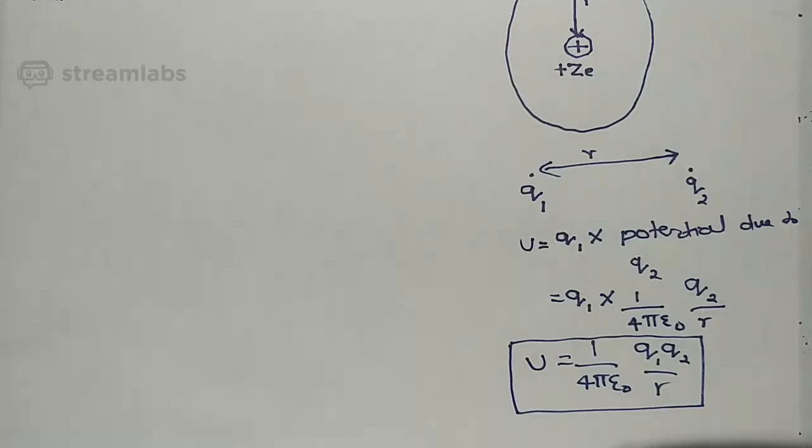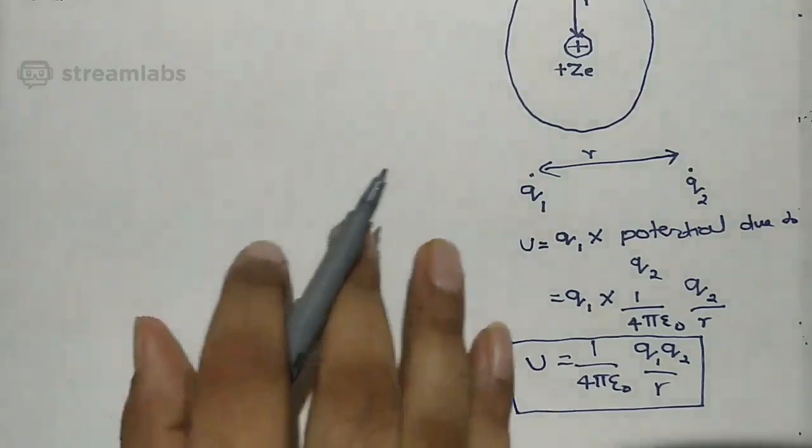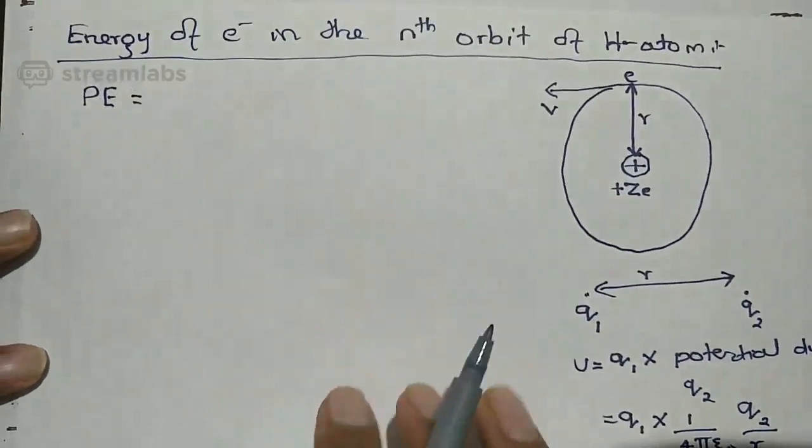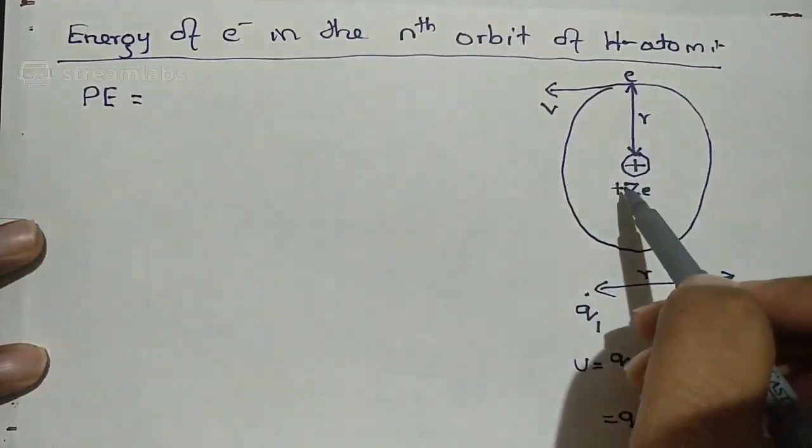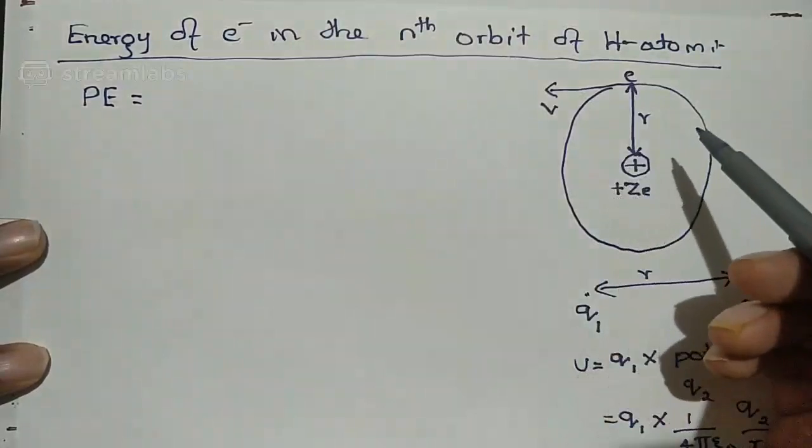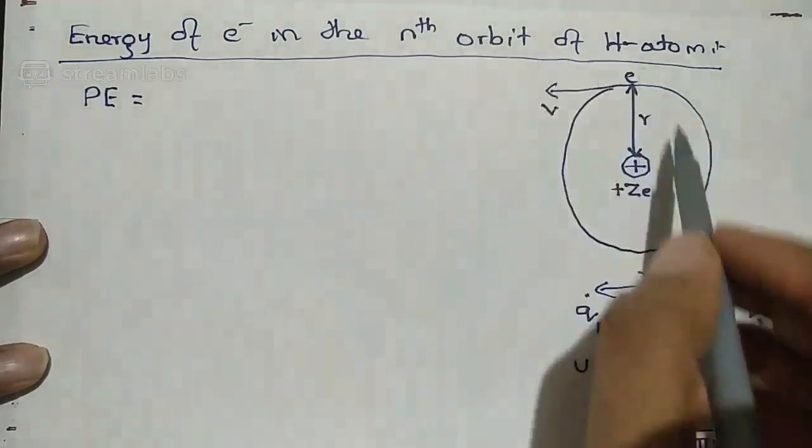But here, if the charge is negative, you have to put that in the expression so that you can say whether it is a bound system or a free system. If both are positive, it is a free system. If both are negative, it is a free system. If one is positive and one is negative, it is a bound system. In this case, the electron has negative charge and the nucleus has positive charge, so obviously this is a bound system.